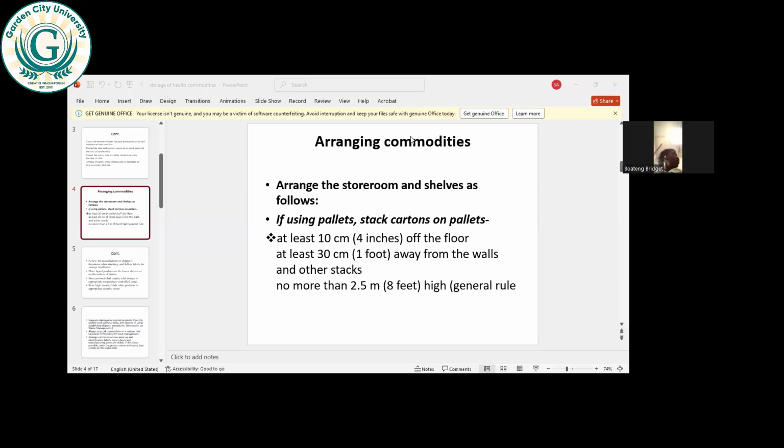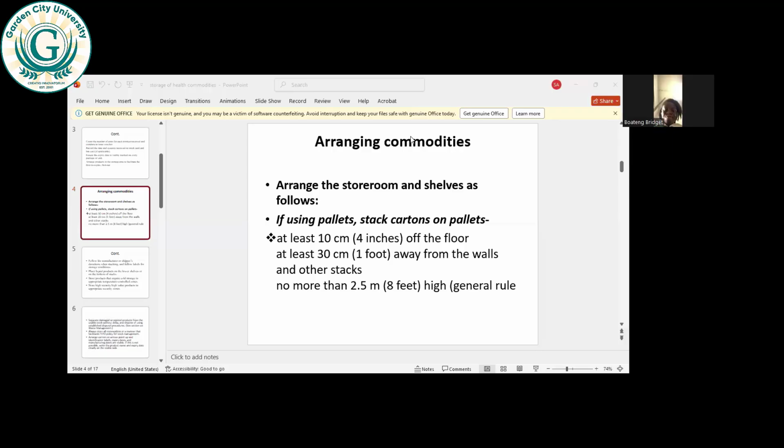Heavy items should not be placed too high. And liquids, like syrup, shouldn't be put on top, because when they fall, they can cause a lot of damage. So the storage height is very important.